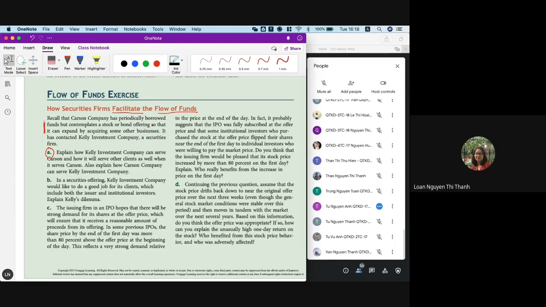Now they want to expand the business. They want to buy another company. They need the funds in long term.